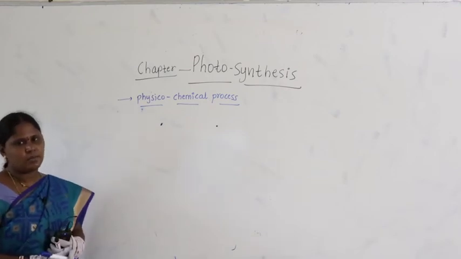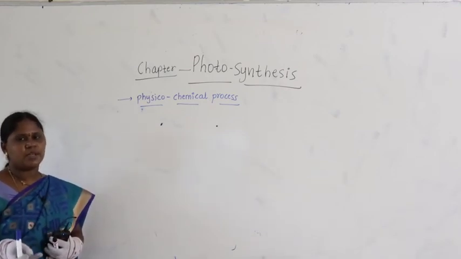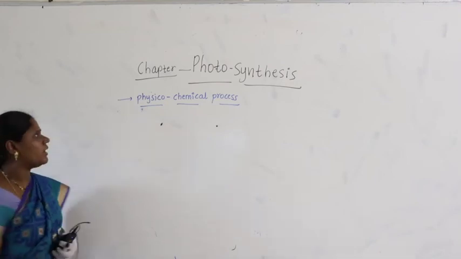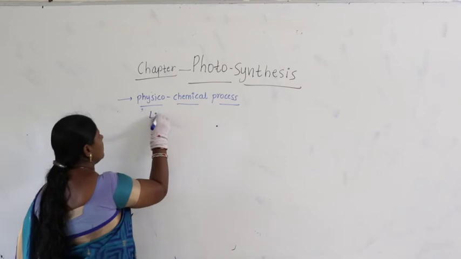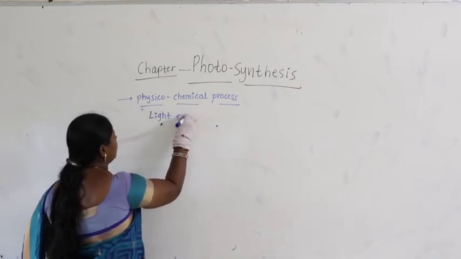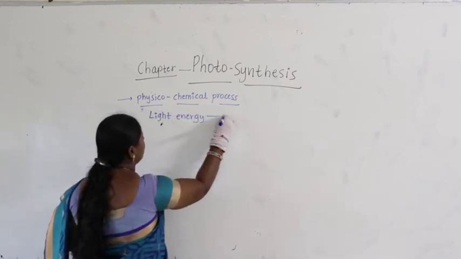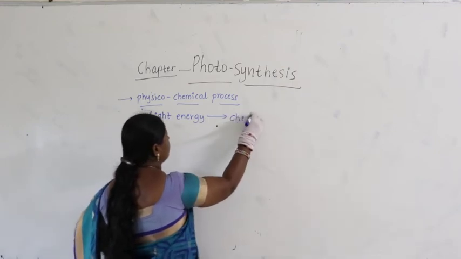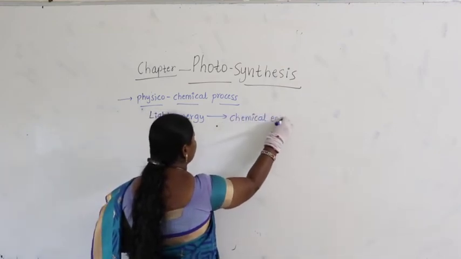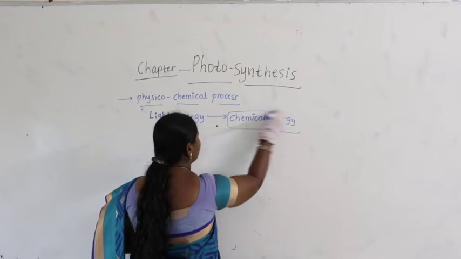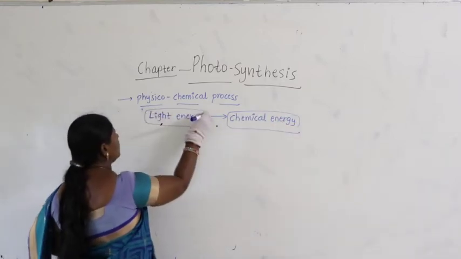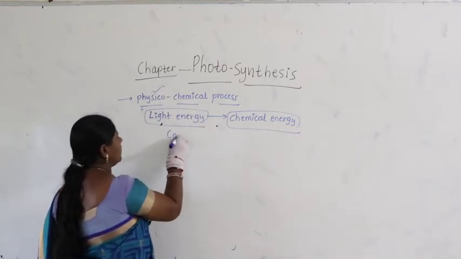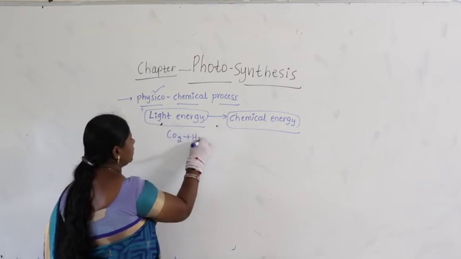What are the physical environment components? Water, atmospheric carbon dioxide it needs. And chemical process, why do we call it a chemical process? In this, light energy is being converted into chemical energy. Light energy is getting converted into what? Chemical energy by using physical components like carbon dioxide and water.